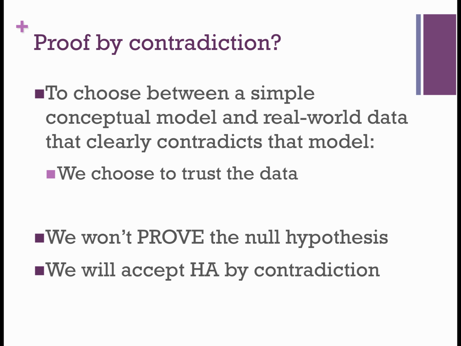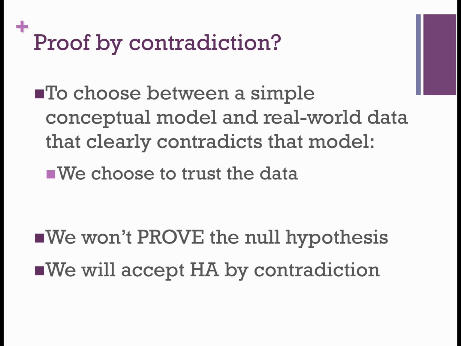Because we can't prove anything, that is, there's no possible way to sample the entire population, and we're going to be using our sample as evidence, we're going to, quote unquote, prove by contradiction. So we're going to choose between a simple model, the null hypothesis, or the new model. We're going to choose to trust the data in the alternative.